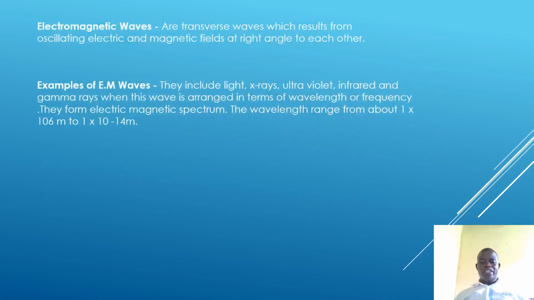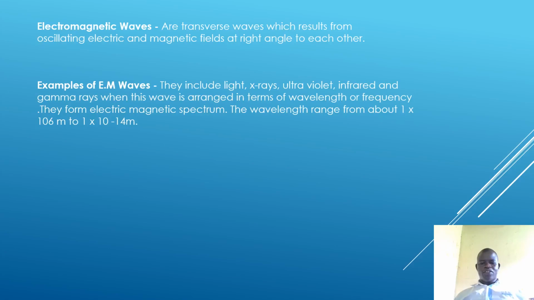So, electromagnetic waves are transverse waves which result from oscillating electric and magnetic fields at right angles to each other. If we arrange them in order of increasing wavelength, we start with gamma, then X-rays, UV light, visible light, infrared, microwaves, and finally radio waves, which have the longest wavelengths.